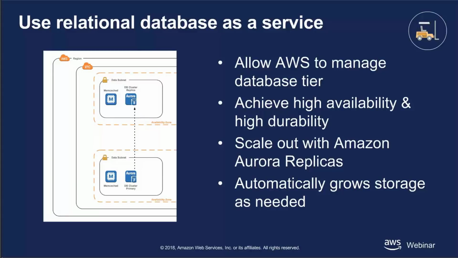When you use Amazon RDS, you can achieve high availability and high durability, because your database can span multiple availability zones. And it also allows you to set up replicas so that you can scale out your site as your site continues to grow, and you don't have to worry about that. So again, we do recommend leveraging Amazon RDS for your database tier.